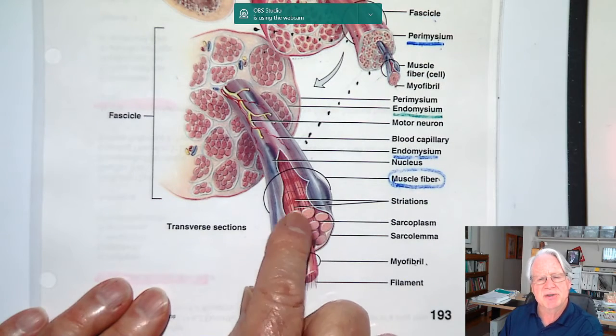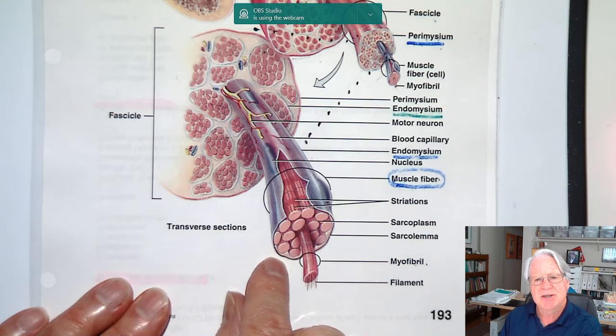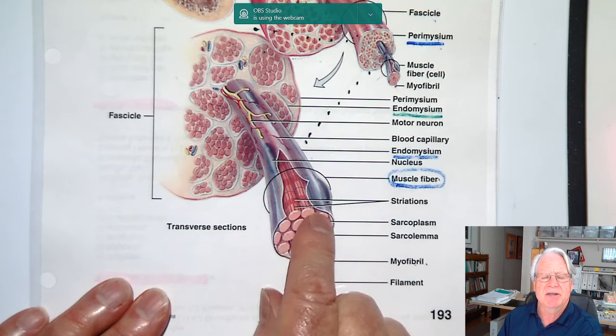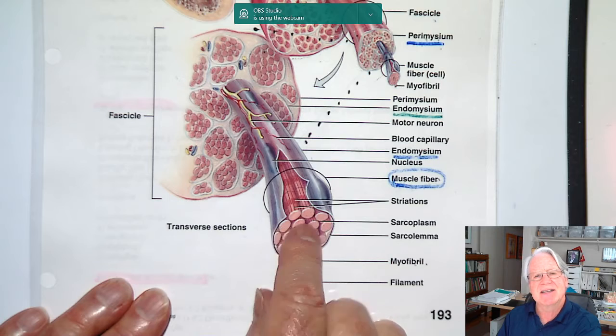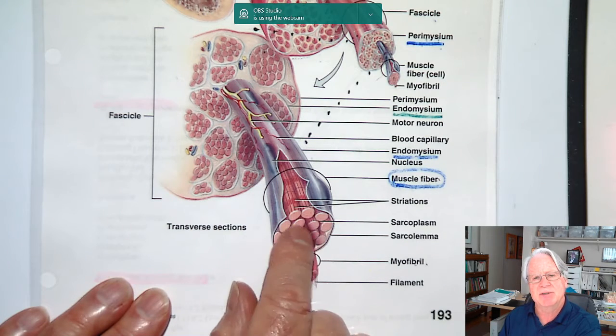These structures here are not cells. They're bundles of fibers inside the cell. Those bundles are called myofibrils. And this is one of the reasons I wanted to review this. We're going to start looking on the inside of the cell and taking apart these myofibrils to see how they're built and put together.